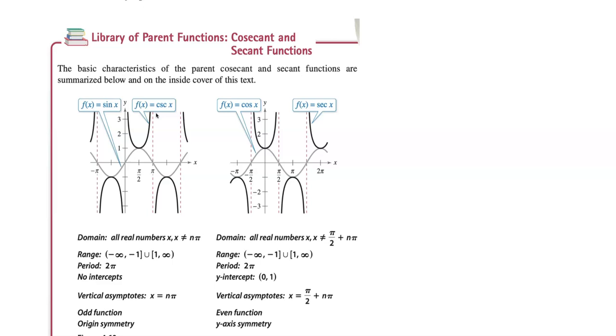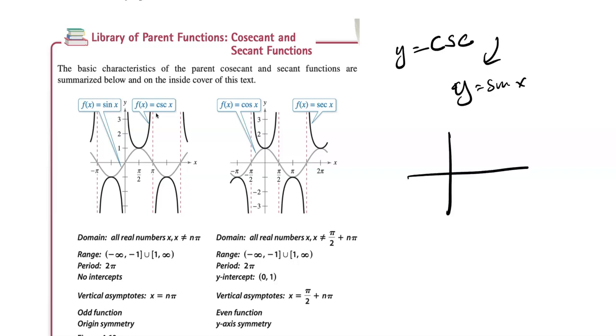So let's talk about cosecant first. All you're really going to do is graph y equals sine of x. Sine of x looks like this. Like that. And then we're going to add 2 things to it. We're going to add 1, vertical asymptotes at the x-intercepts.